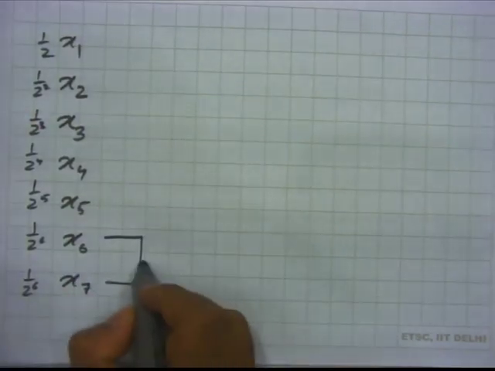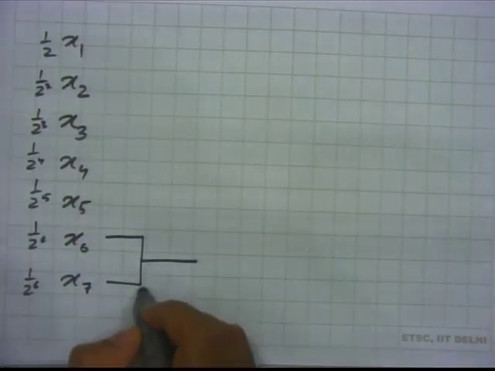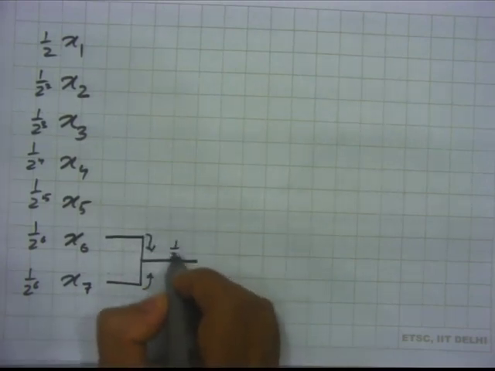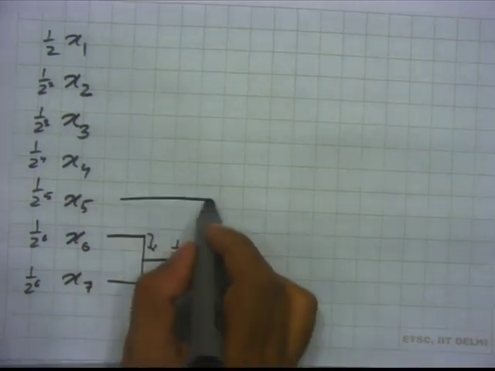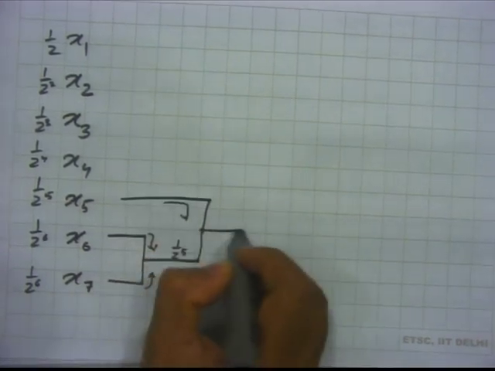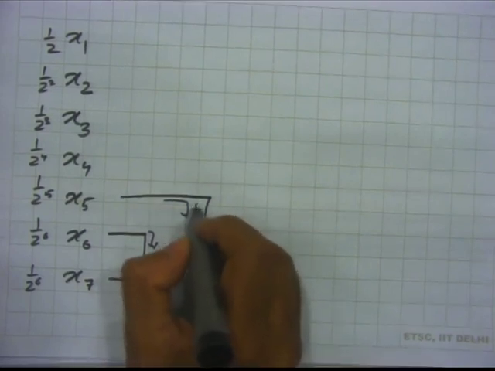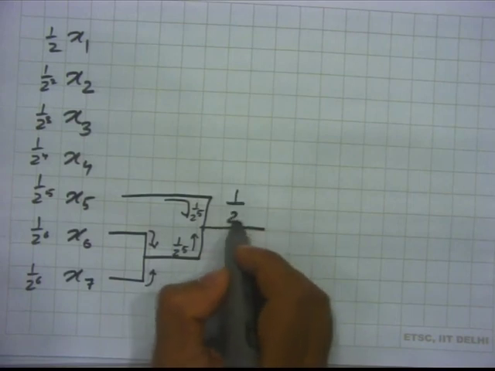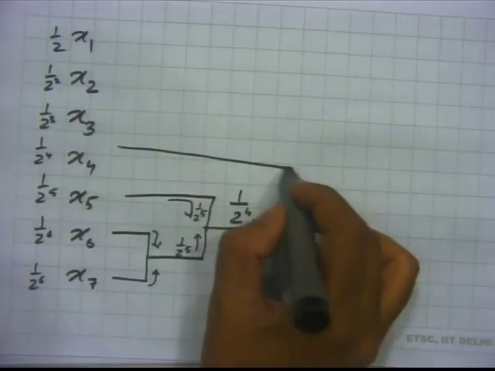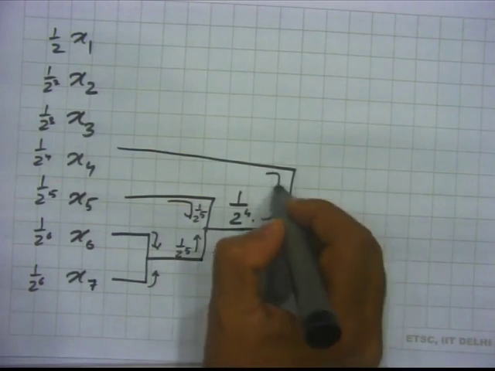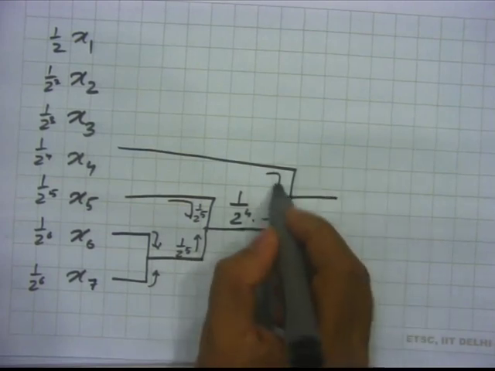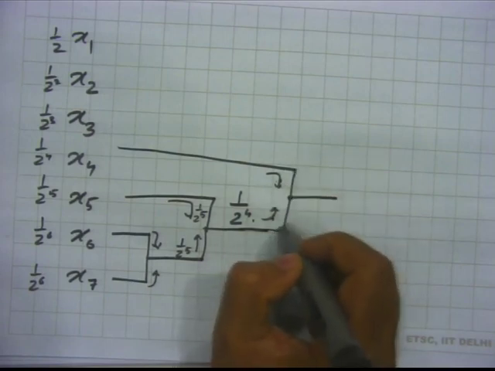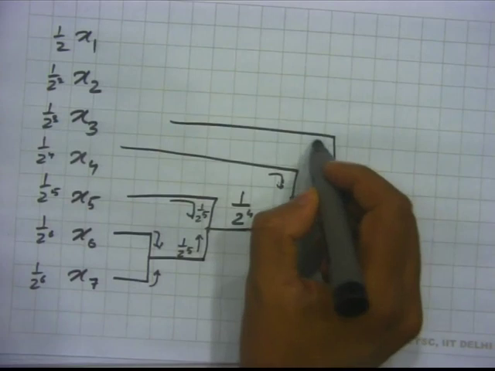Very special distribution. Special in the sense both sides are equiprobable and they add up to 1 by 2 raised to power 5. Again, when we go for combining, both sides are equiprobable. So you get 1 by 2 raised to power 4. Again, when we go for a combination, very unique, but they are equiprobable. So whenever we assign one bit going up or down, we are doing justice again.